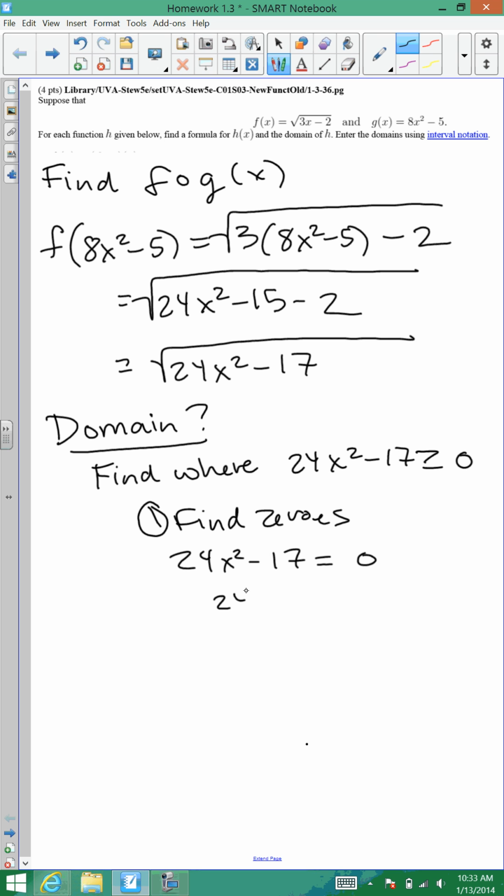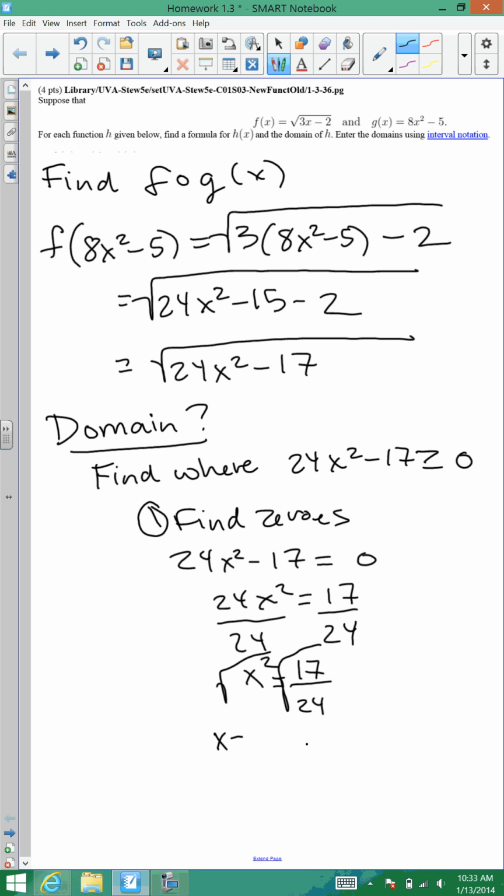So we get 24x squared equals 17 using the square root method. Divide by 24. We get x squared equals 17 over 24. Square root of both sides. We get x equals plus or minus the square root of 17 over 24.